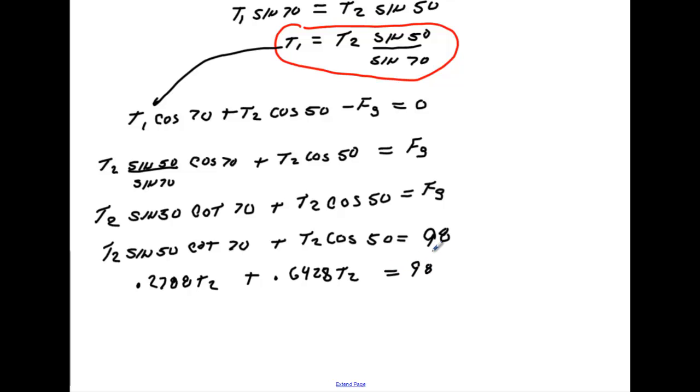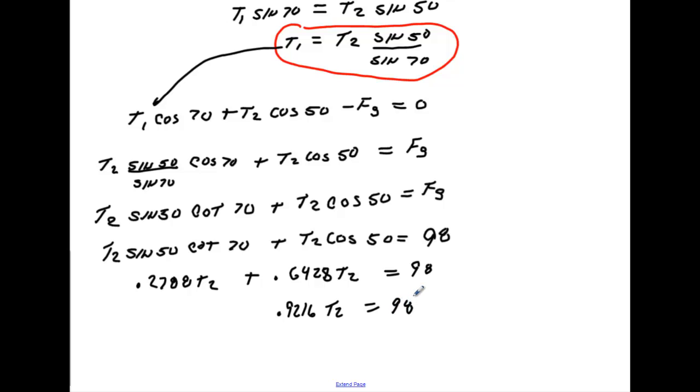We'll add those together: 0.2788 plus 0.6428 gives me a value of 0.9216. T2 is equal to 98.